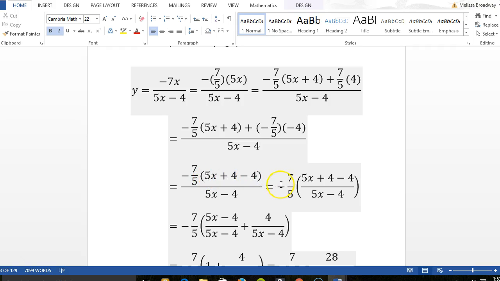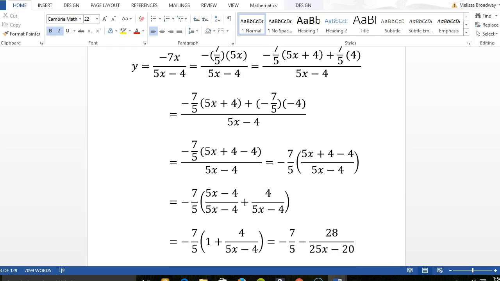The negative 7/5 can be brought out like this, and on the numerator I get 5x plus 4 minus 4 over 5x minus 4. By commutativity I can move the plus 4 and the minus 4, so I get negative 7/5, and then I can break it up: 5x minus 4 over 5x minus 4, and then plus 4 over 5x minus 4.